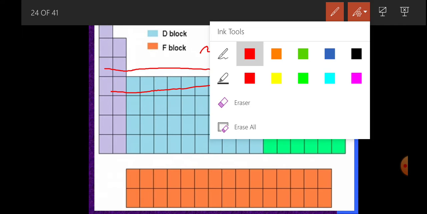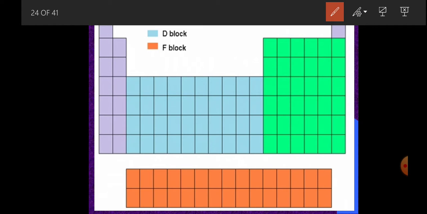In the groups, we normally have elements which have the same number of electrons in the outermost energy level. If you have elements that have 1 electron in their outermost energy level, you're going to call them group 1 elements.